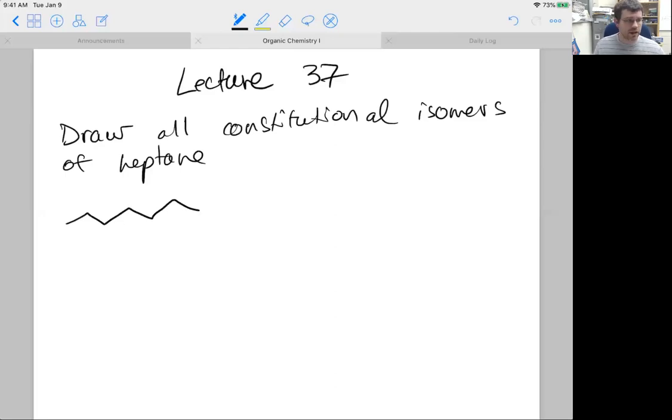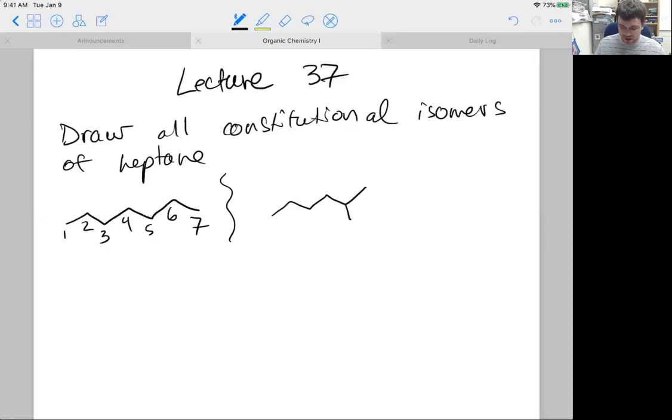The first thing I always like to do is draw my straight chain molecule, an extended chain out to 7. That's the only structure we can draw with 7 as our longest chain. We could then go on to 6 carbons, and I'm going to stick my one missing carbon onto C6 instead of at the end of the chain.